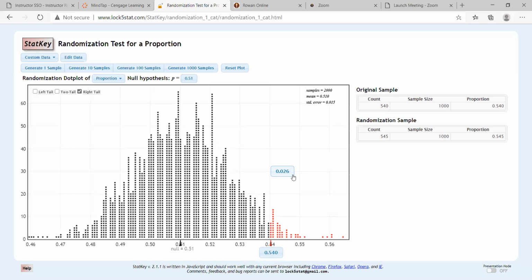If alpha was 0.01 originally, 0.026 is bigger than alpha, and therefore we would not reject the null hypothesis. That may sound kind of strange to you, right? In one case, we're going to reject it. In another case, we won't.